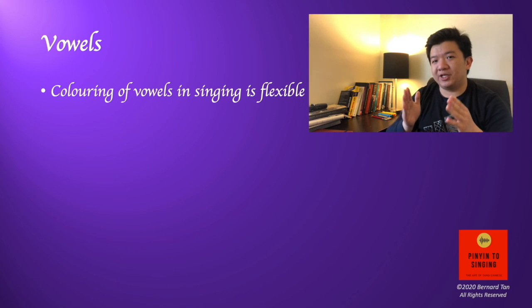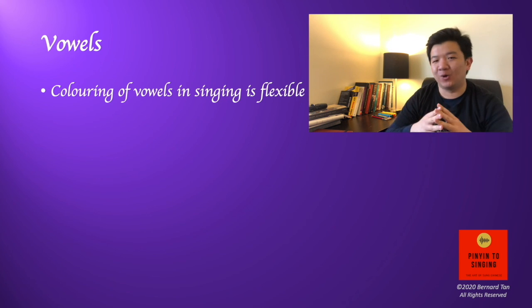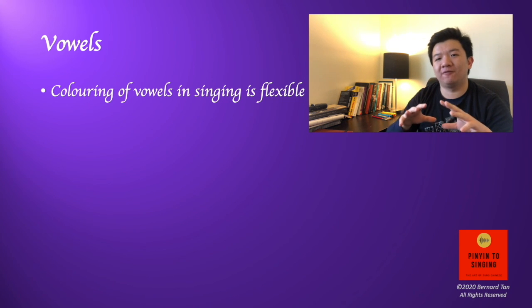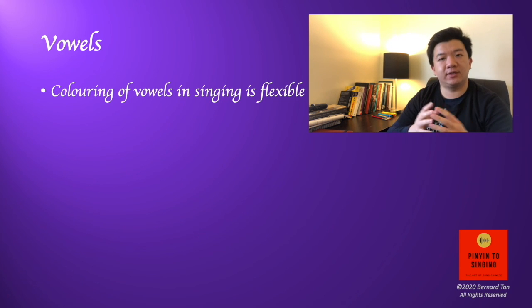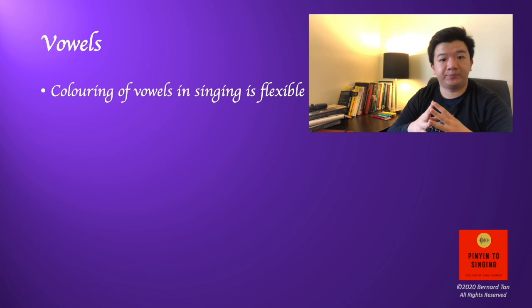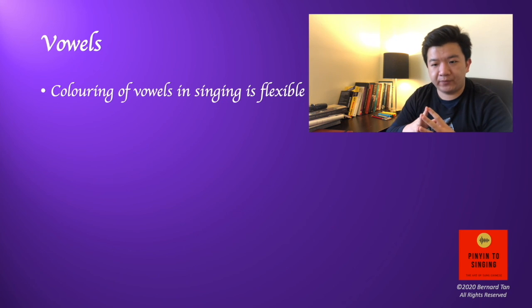What I mean by that is not to sing an O instead of an R, or to sing an U instead of an E. Not that kind of flexible, but flexible in terms of the general coloration of the vowel. For instance, if you're singing an R, anything between R to ah is acceptable as long as it is perceived as that vowel.